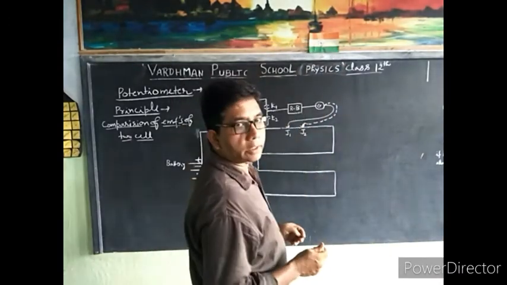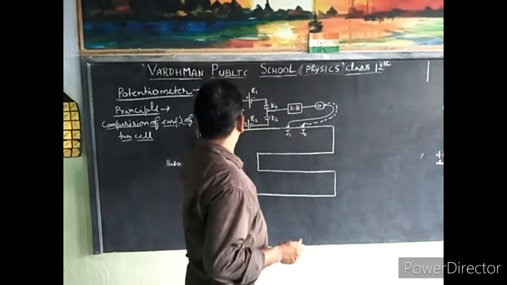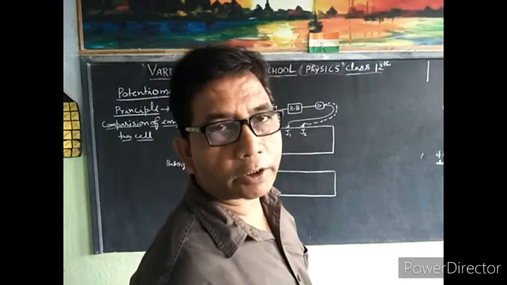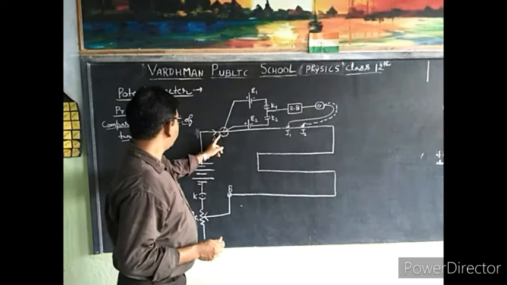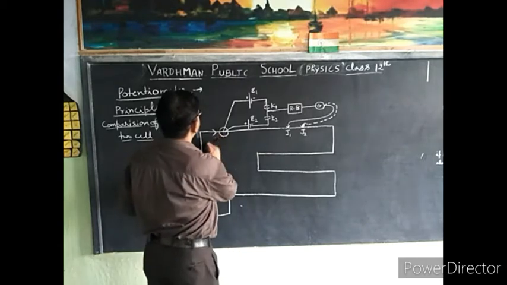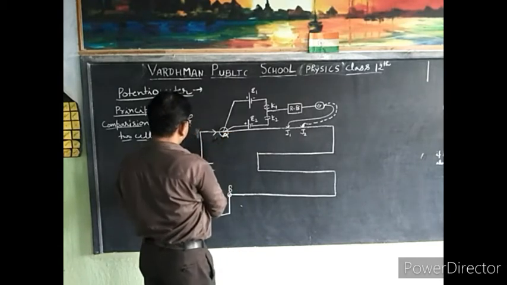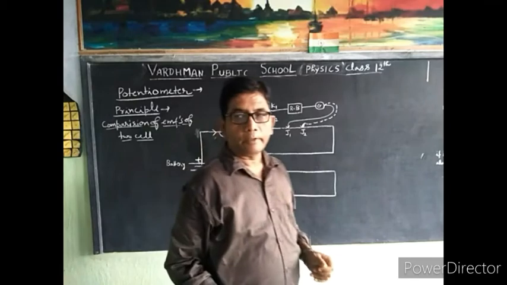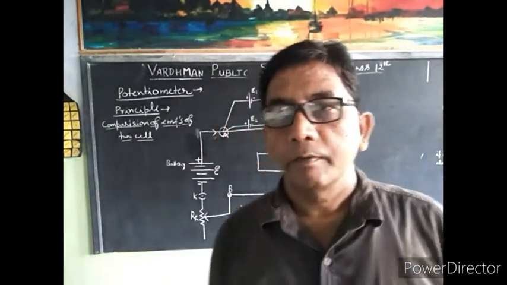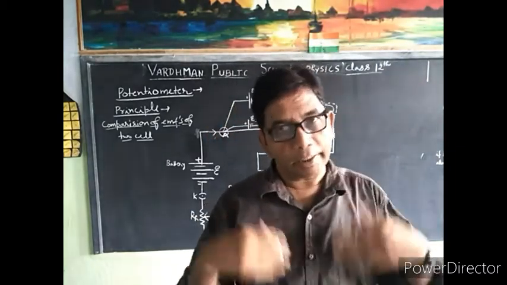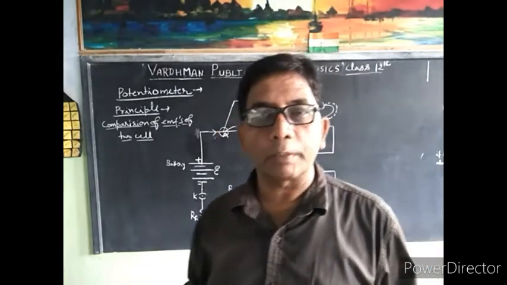The positive terminals of both the cells are connected to point A, which is also the positive terminal of the driving cell, whose EMF is E. We should note that the EMF of the driving cell should be greater than the EMF of the two experimental cells.